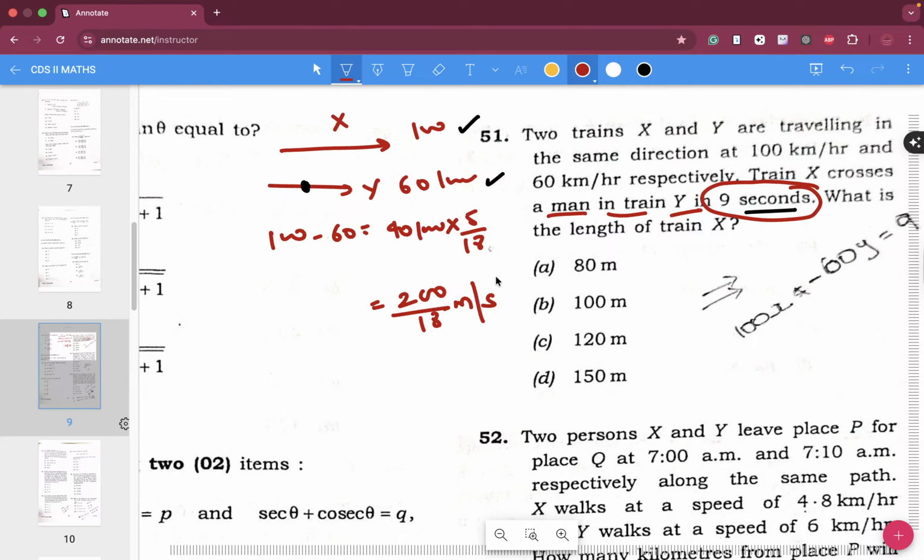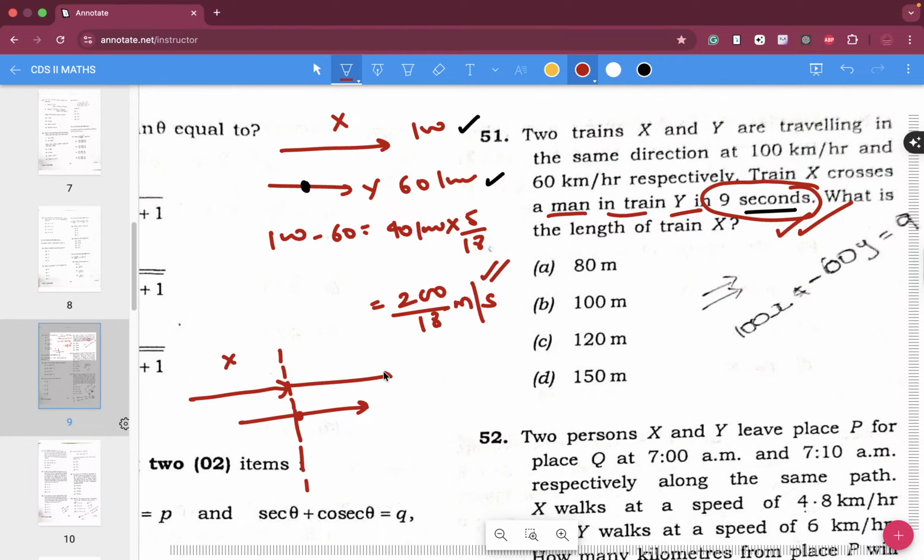So basically, at the speed of 200 by 18 meter per second, it takes 9 seconds to cross the man in the train Y. If this is your train Y with the man being over here, at the point when the tip of train X is just aligning with the man in train Y, we will say that the train has started crossing.